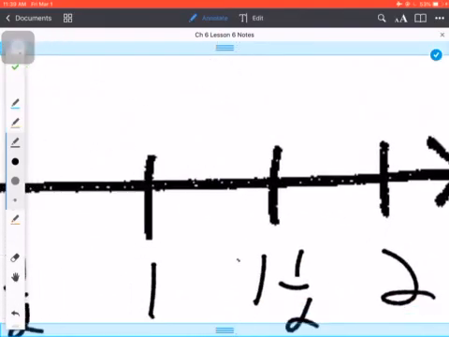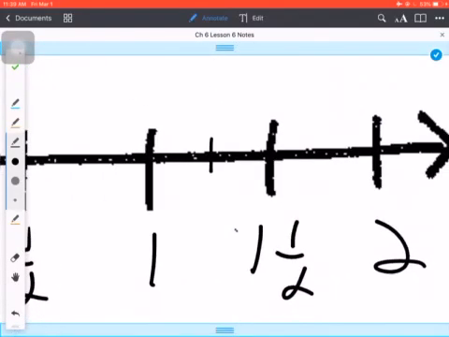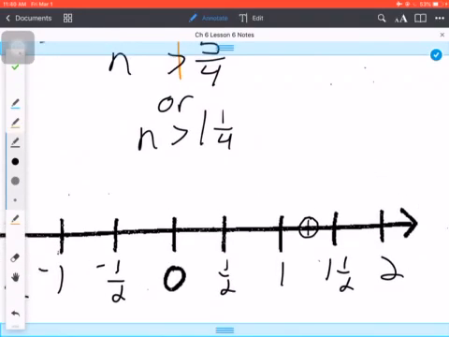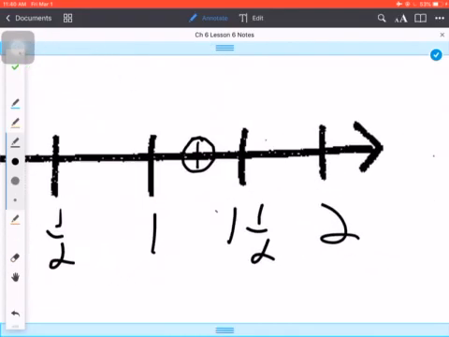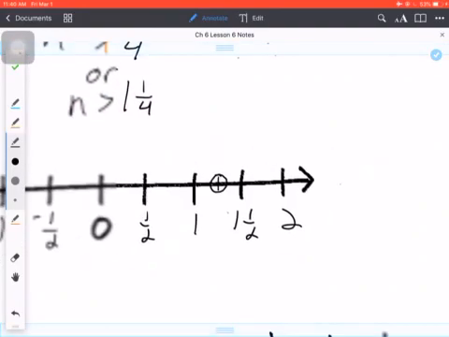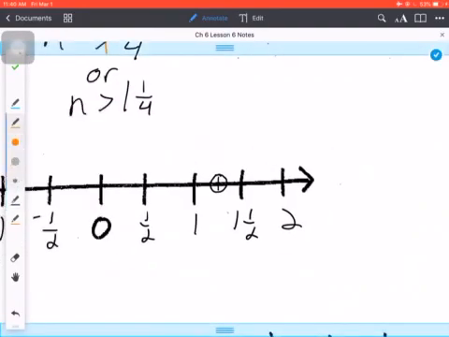So 1 1/4 shows up halfway between 1 and 1.5. Now because n is greater than 1 1/4, that means I'm simply going to have an open circle. And I'm going to have my arrow pointing in this direction.